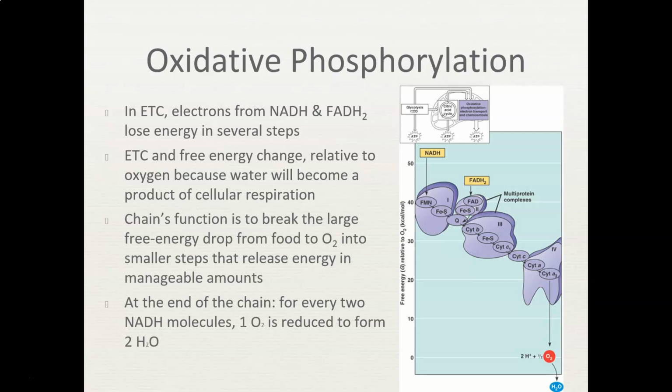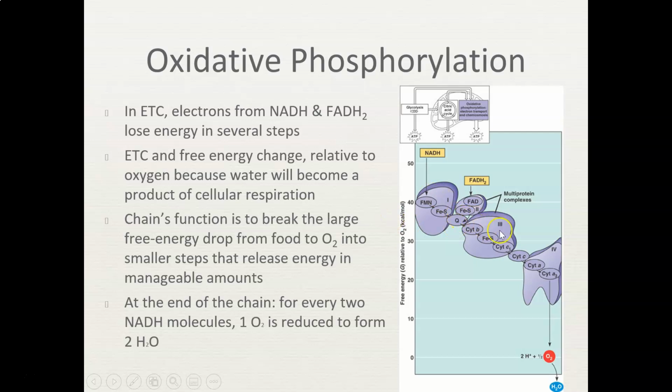When we look at these protein complexes, their job is to yank off the electrons that are going to get fed down this chain, as well as pull off those H pluses and create a hydrogen gradient that's then going to allow us to drive that chemiosmosis.